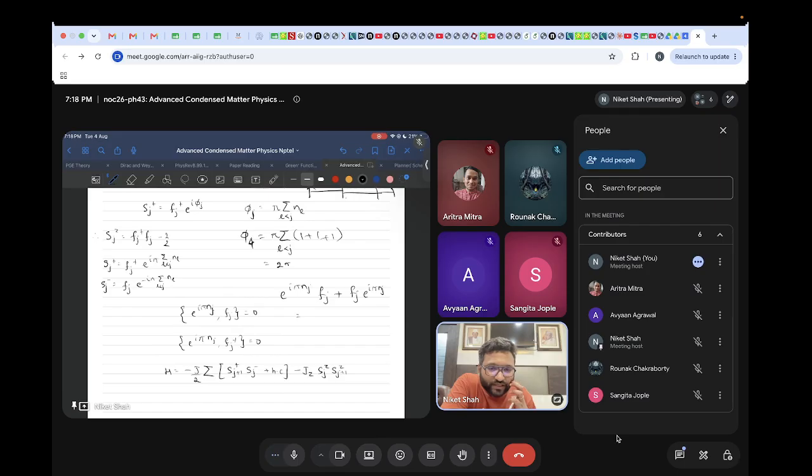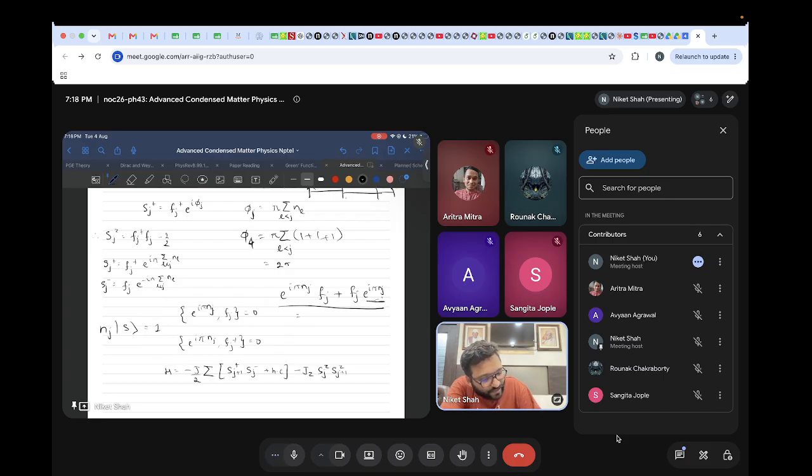Let's say that the site j is occupied. Basically, if I operate nj on my state, I get 1, which means the site j is occupied, right? So in that case, what do I end up getting?